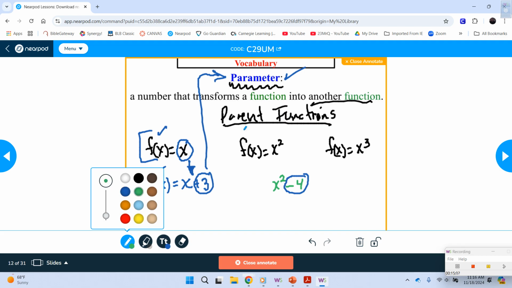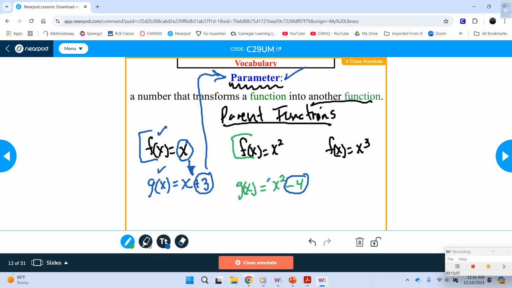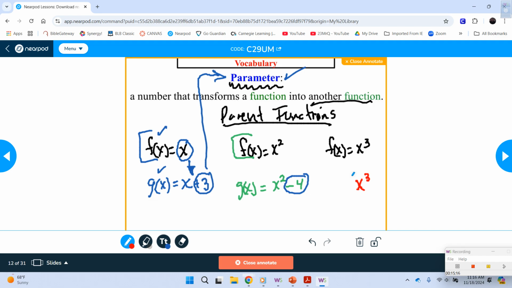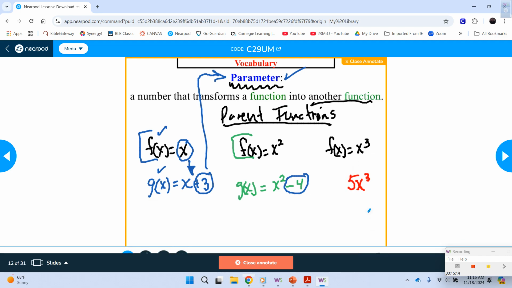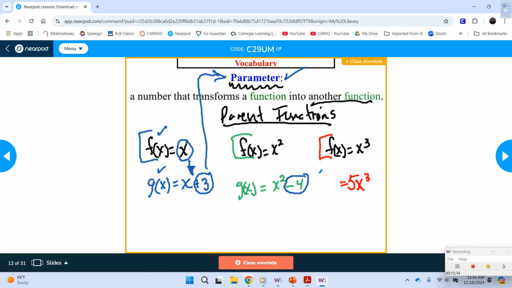So we no longer write it as f of x, we write g of x equals x squared minus 4. And one last one, this one, x cubed. Let's say I multiply x cubed by 5, and it becomes 5x cubed. What do we call the 5, everyone? Parameter, because we're changing the original by multiplying times 5, and we no longer leave it as f of x, we write it as g of x.